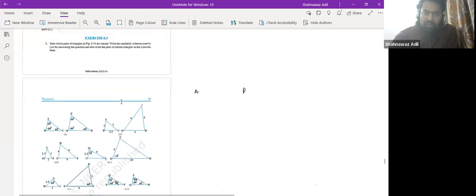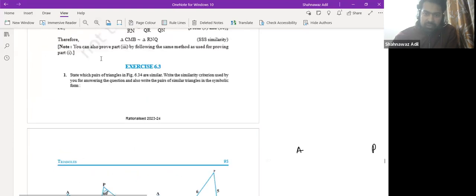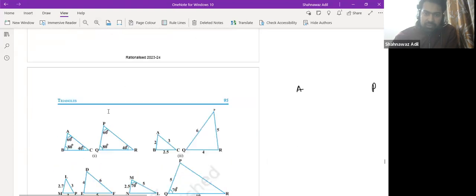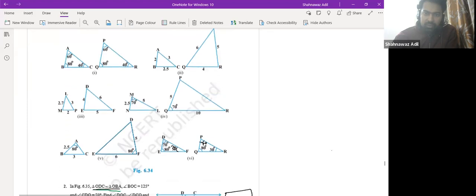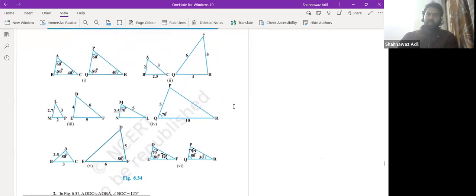We have these triangles. From these two diagrams, we have to prove whether they are similar or not.